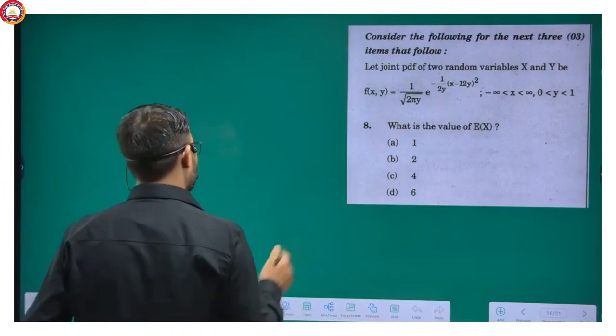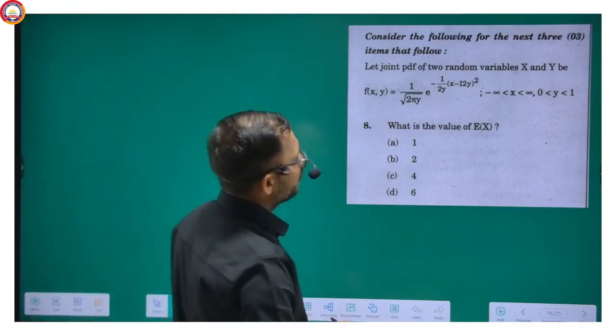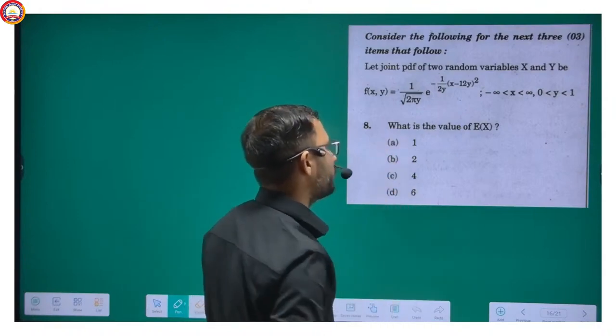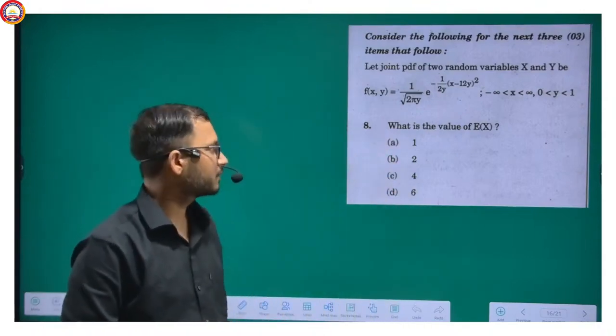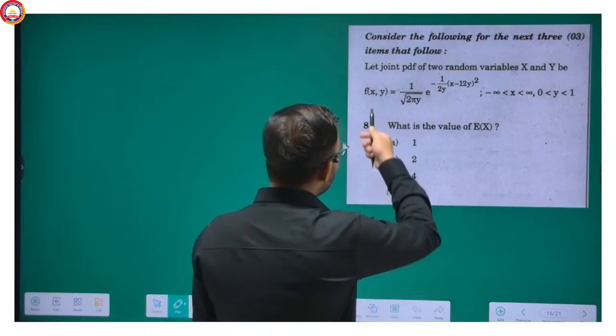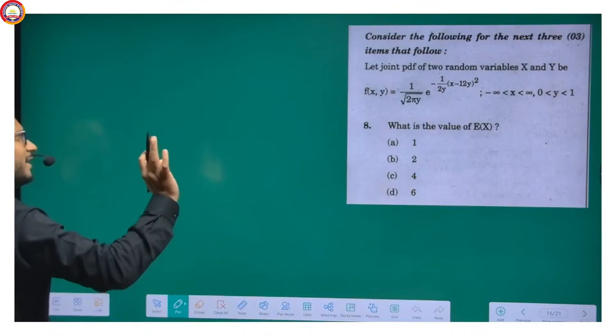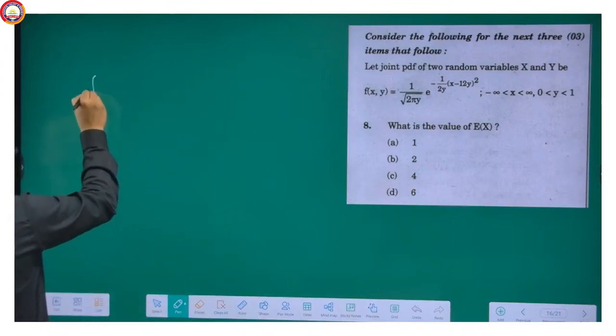Actually, this question has three parts, and the first question is obviously to find the expectation of x, and you are given f x y. What I will say is this is a given joint PDF f x y.